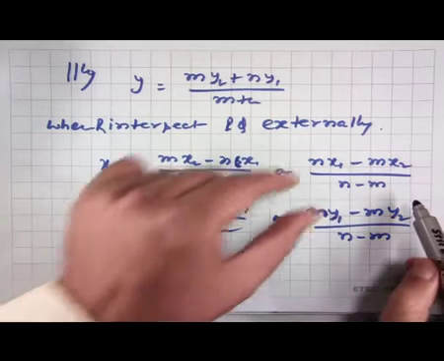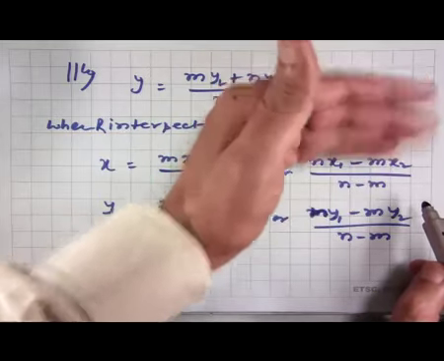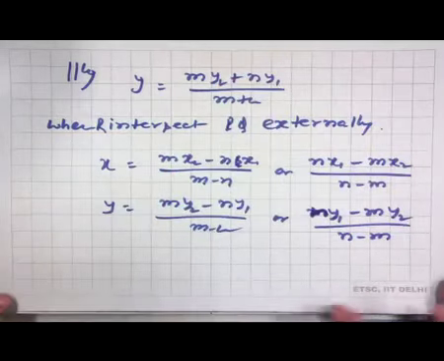Means this n minus m in both denominator and numerator.